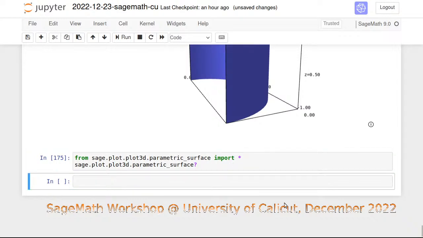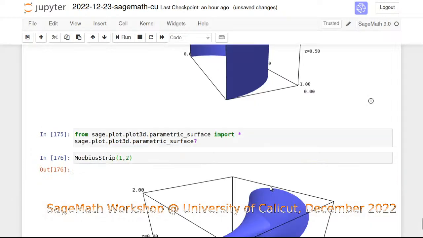But now the Mobius strip itself is one very famous example of a parametric surface. So the Mobius strip is already imported. Therefore, let us use the Mobius strip. That's a parametric thing, so there are 2 parameters required. Suppose we give 1, 2 some way.